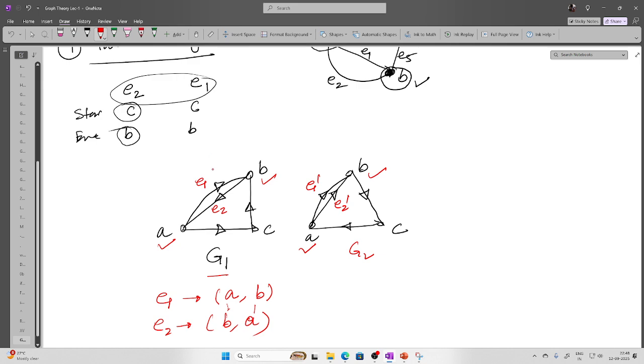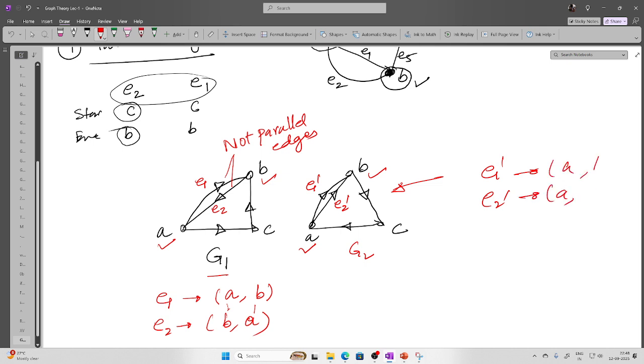So what we can say is that these two are not parallel edges. Whereas in this particular graph, both E1 prime and E2 prime have the starting vertex A and their terminal vertex is B. So as the starting and terminal vertices are the same, we can say that this combination, E1 prime and E2 prime, makes parallel edges.